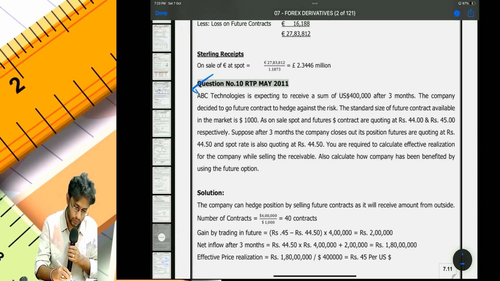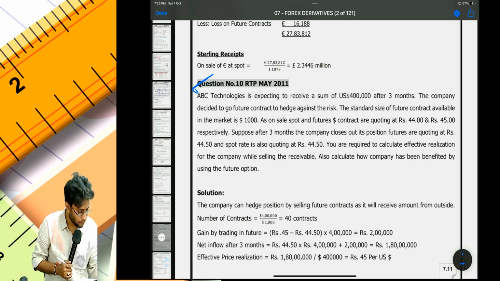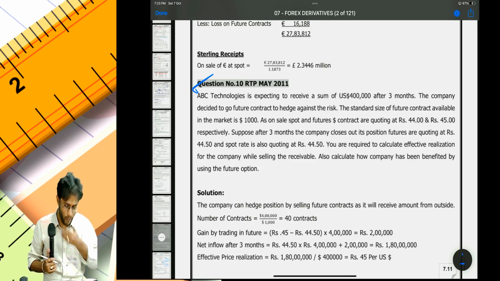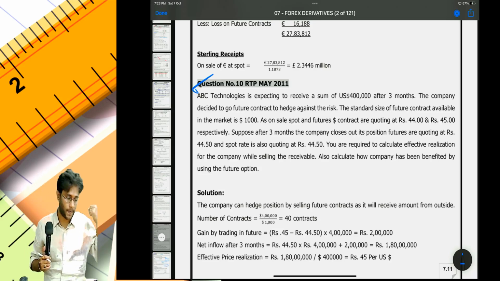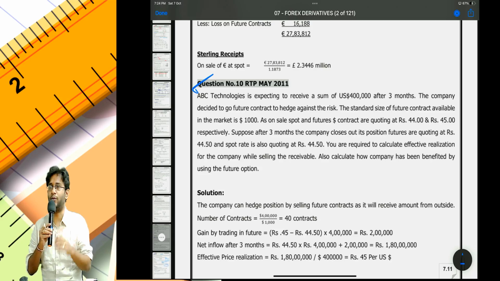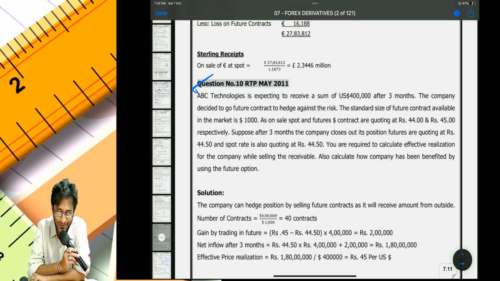Okay, first come to question number 11. Sorry, question number 10. ABC Technologies is expecting to receive a sum of $4 lakhs in 3 months.